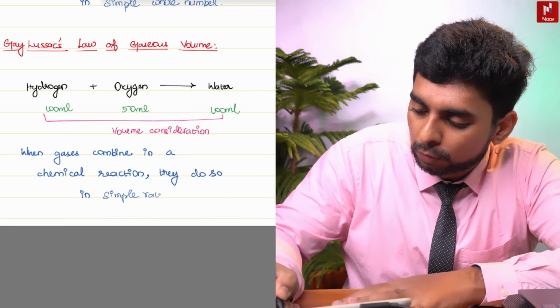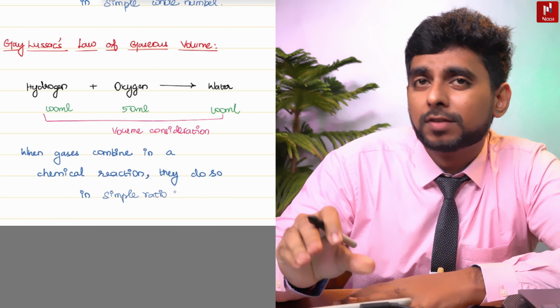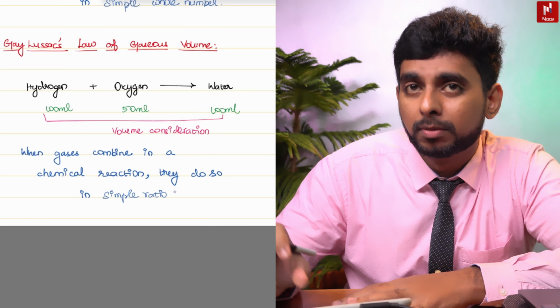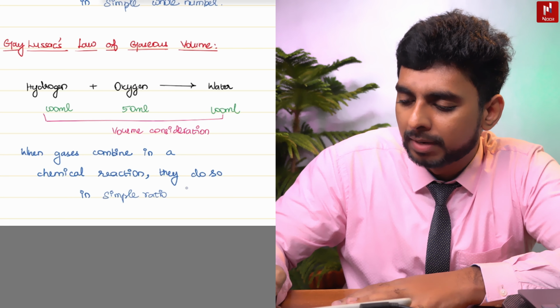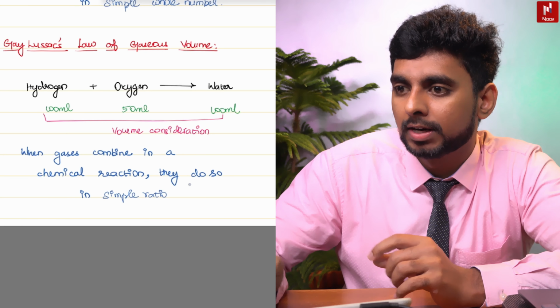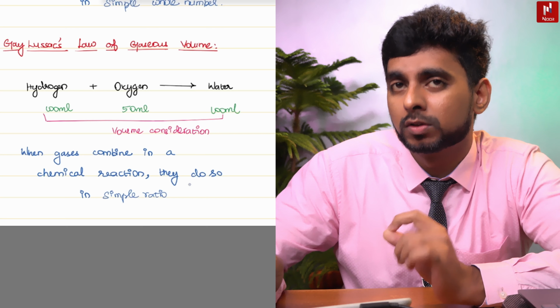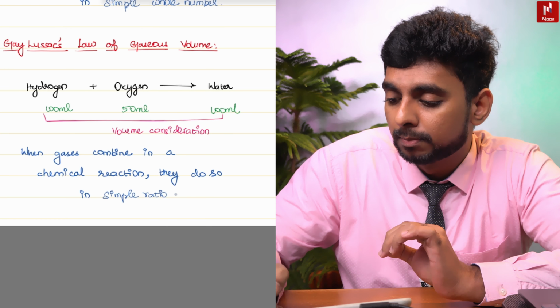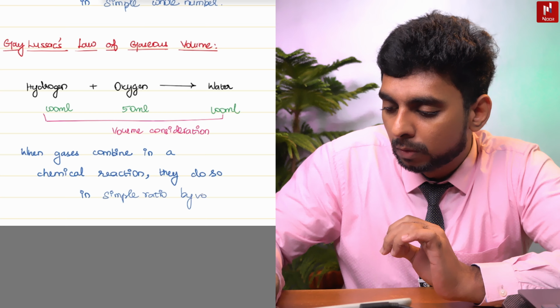Same way, this one will also be in whole numbers, which means if it was 50, then it will be double the amount or triple the amount. So that is how the gases will combine to proceed with the reaction. Here, with Gay-Lussac's law, I'm just going to consider the volume, therefore it will be a simple ratio by volume. And by the way, this is a gaseous reaction, right? You shouldn't have any liquid or solid state reactant in it.